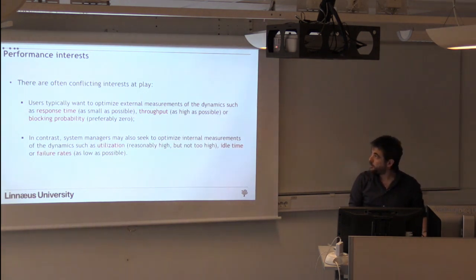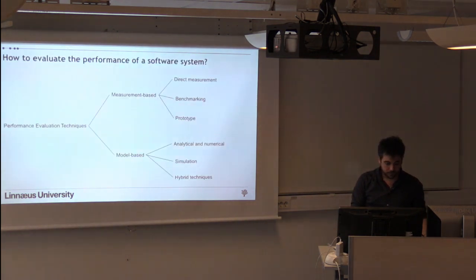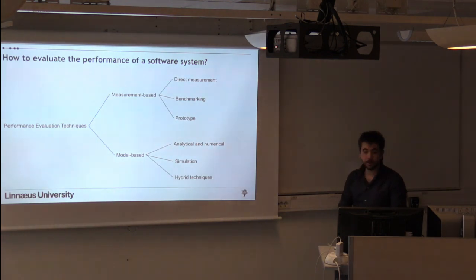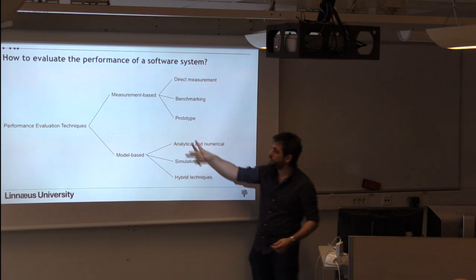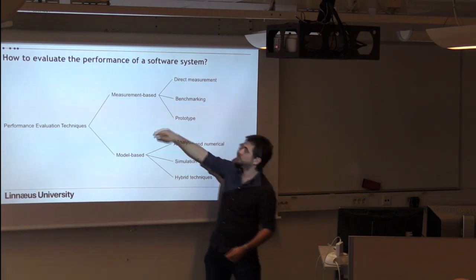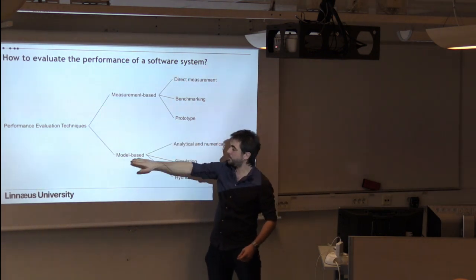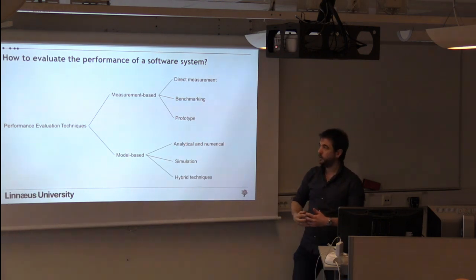So with these definitions, interests and metrics, how do we evaluate the performance of a software system? There are two families of techniques: based on measurements in the system and based on the utilization of models.